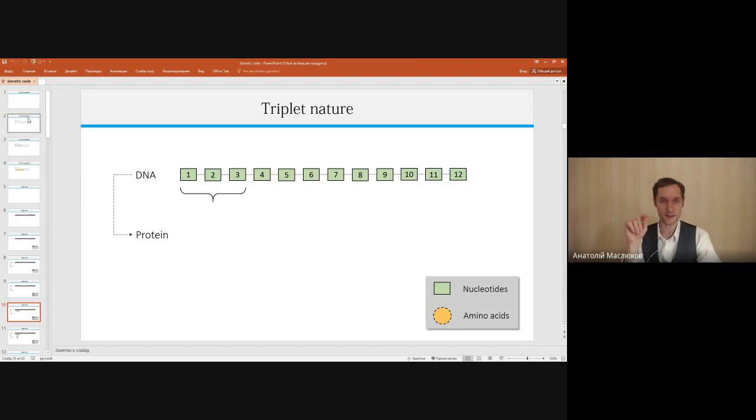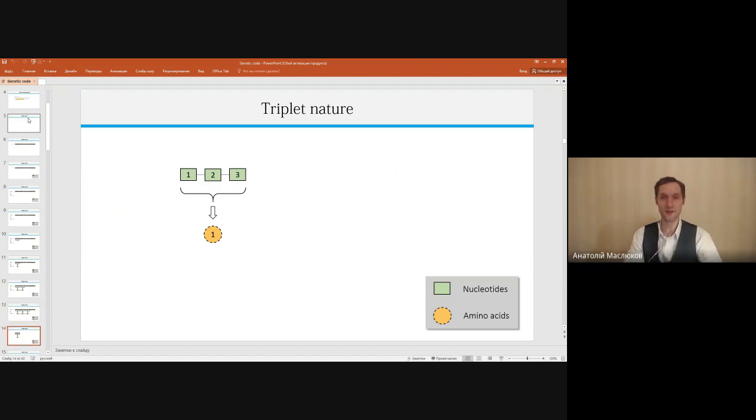Three nucleotides that go one by one carry information about one specific amino acid. The next three nucleotides will give us information about the next amino acid in the structure of the protein. Another next three nucleotides will give us information about the next amino acid.